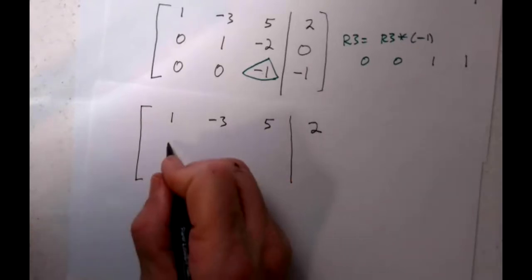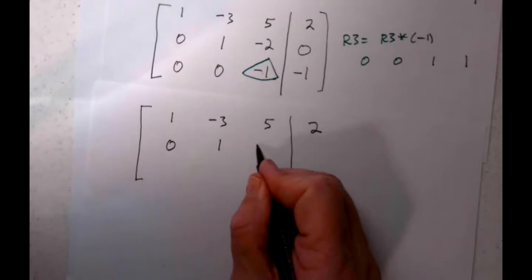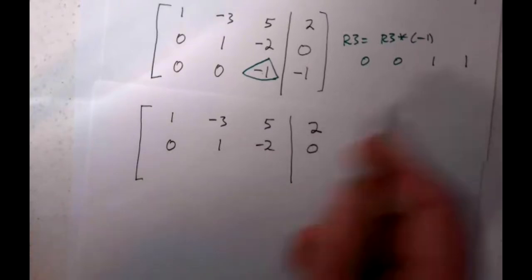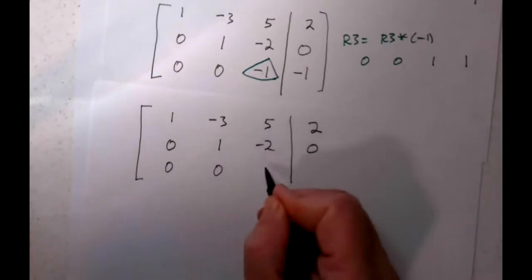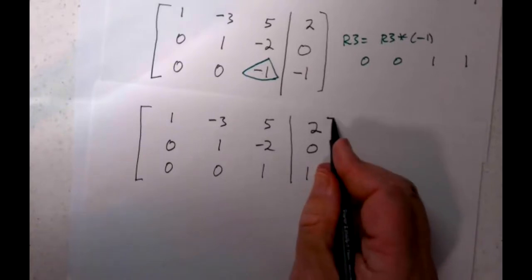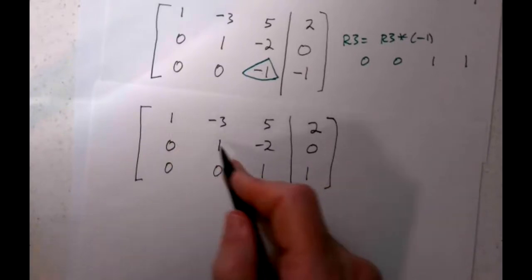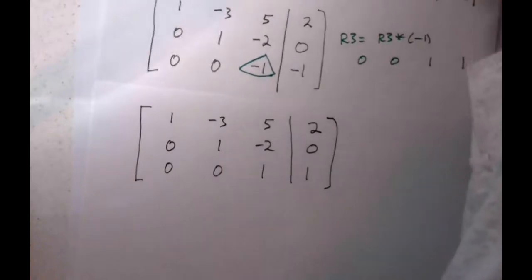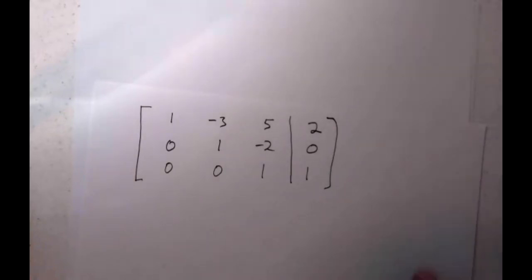The second row is 0, 1, negative 2, 0. Third row is now 0, 0, 1, 1. And this is finished because we have 1s on the diagonal, 0s underneath. Everything else can be gotten fairly easily with substitution. So that's how we finish this.